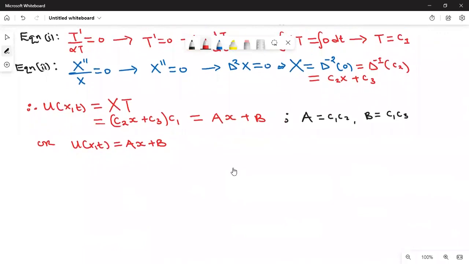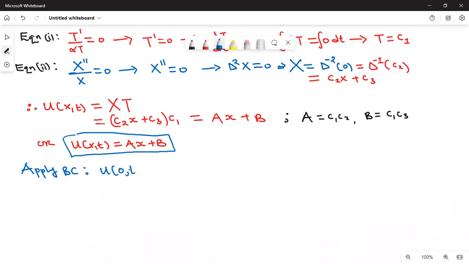Now we need to apply the boundary conditions so that we know the values of a and b. Let's start by applying the first condition: u at 0,t should be equal to 0. So what do we get? When you put x equal to 0, you need to get u equal to 0.